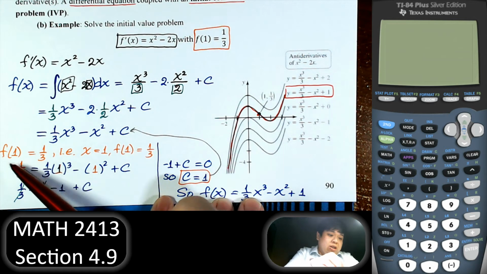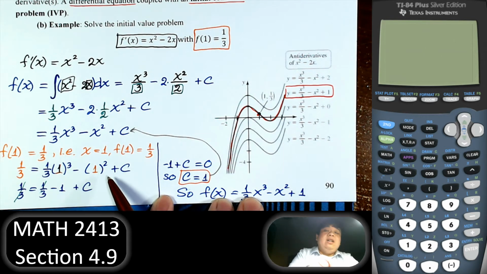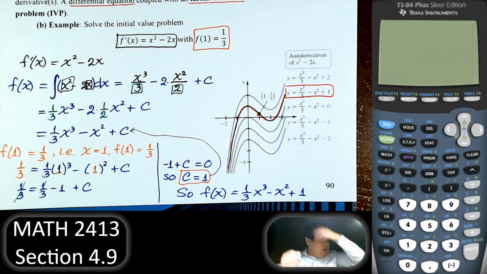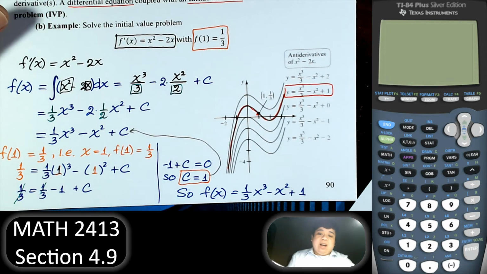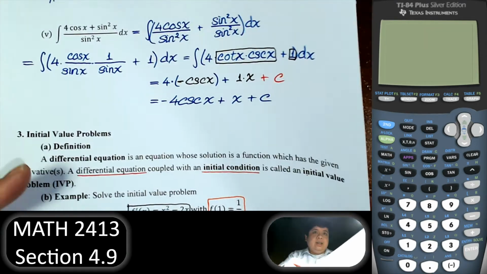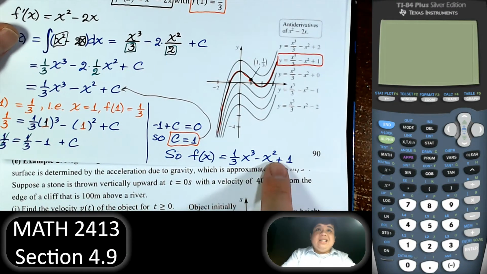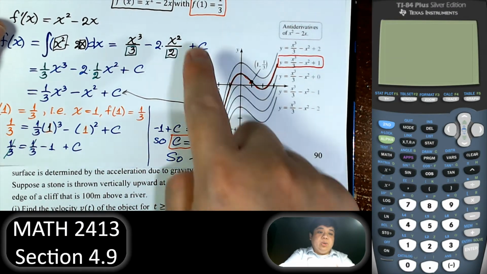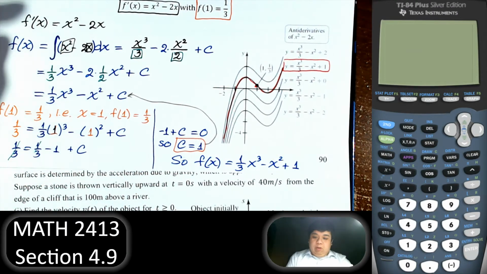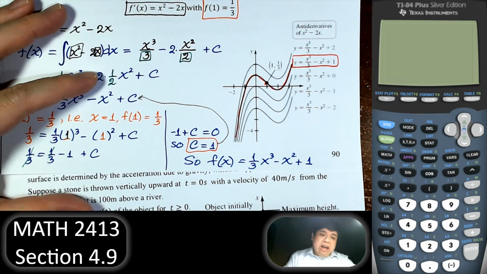And in this case, we just substitute the number to solve for that initial condition and get the constant c. So for an initial value problem, we find all the antiderivatives, and then we solve for that constant. And so this is called the particular solution to the initial value problem.